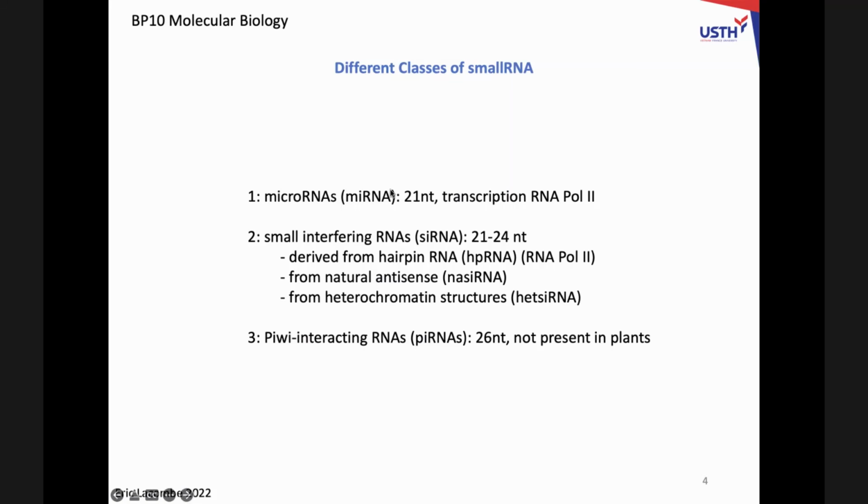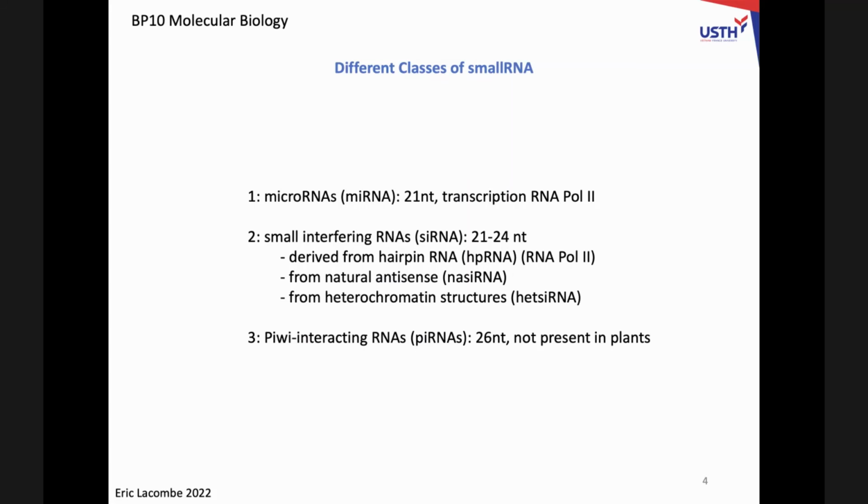So the microRNA have the characteristic of being 21 nucleotides long, and these microRNA are coded by specific genes that code only for microRNA. It means it's a gene that produces an RNA after transcription by POL2, and the RNA is never translated.